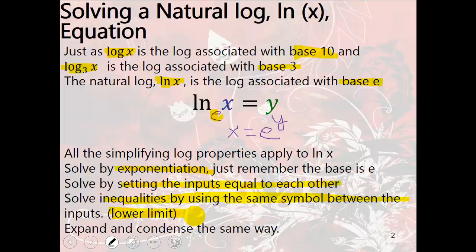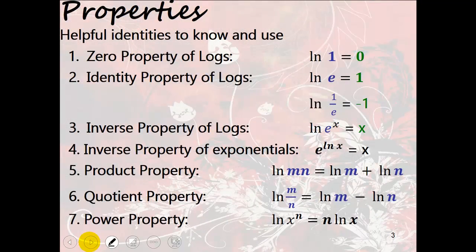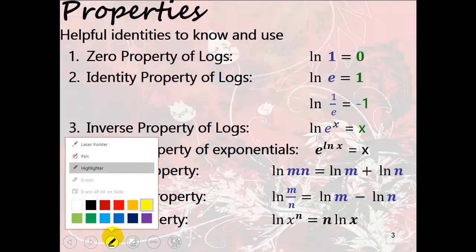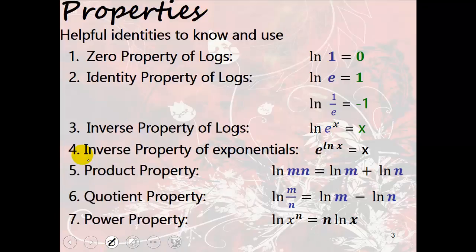We can expand and condense natural logs in base e the same way we did with other logs, base 10 and other logs. So the zero property of the natural log says the same thing, that the natural log base e of the number 1 is equal to 0, because my input 1 will always equal any base, which is here e, raised to the 0 power.